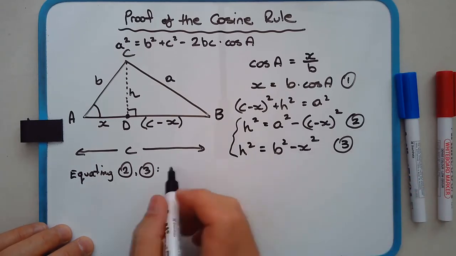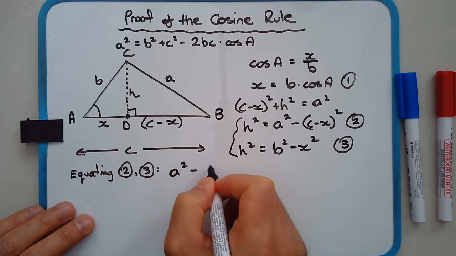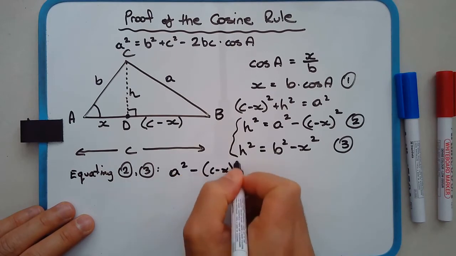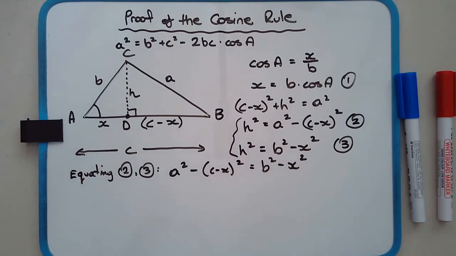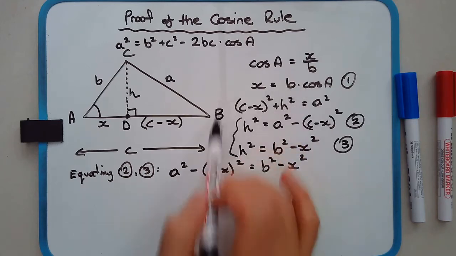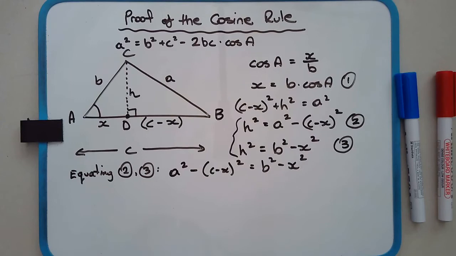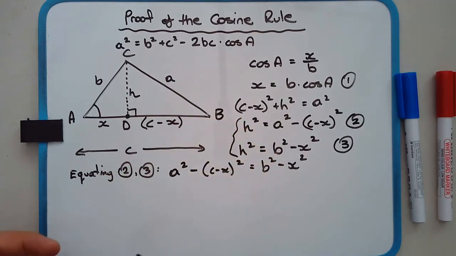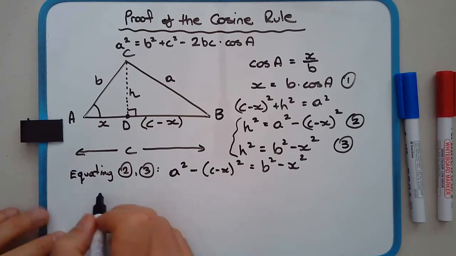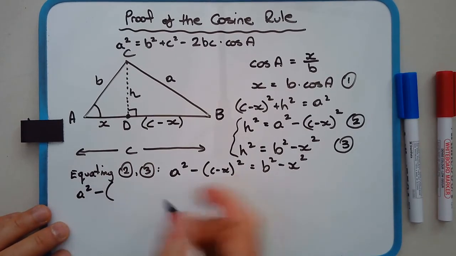So a squared minus c minus x all squared is equal to b squared minus x squared. Let's expand that. Eventually we'll have an x showing up. We'll substitute the x for b cos a, and hopefully we'll come up with the formula that we're intending to prove.